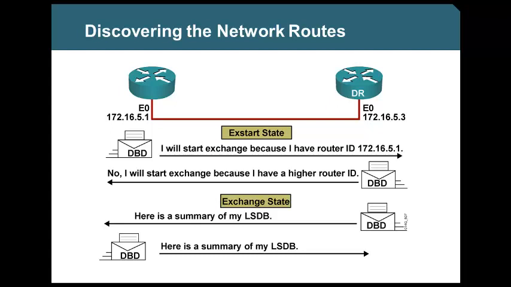But if it is not a serial port, if it is an Ethernet port, then there will be an election to select a designated router. If it is a serial port, then also there will be an election, but that election is temporary. We call it master-slave election.